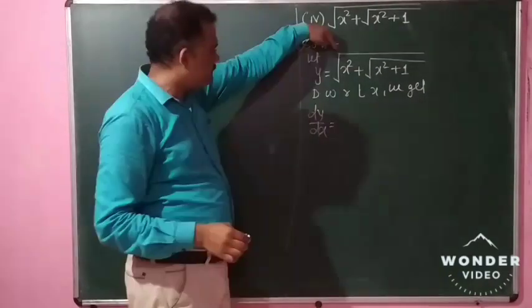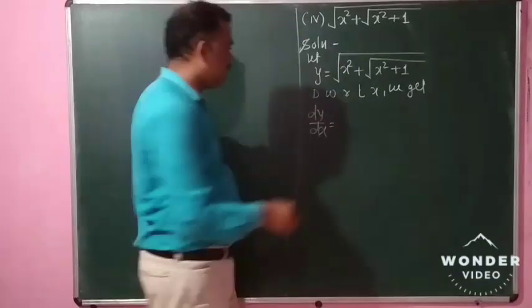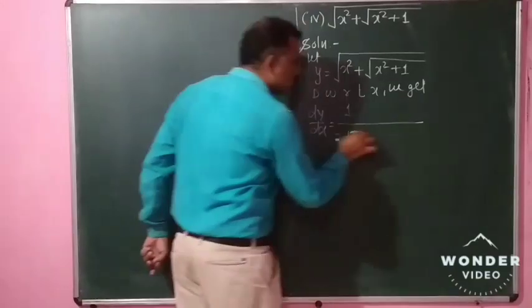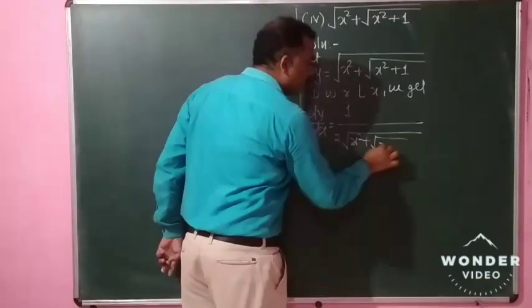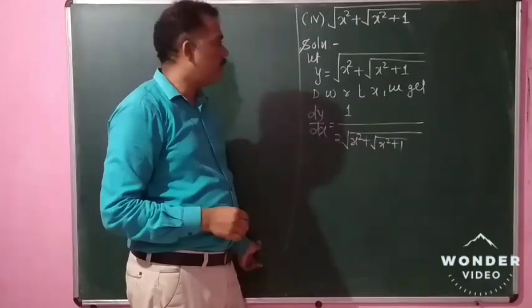We have to keep the first finger on this root. We have to take the derivative of this root, that is 1 upon 2 times under square root of x square plus under square root of x square plus 1.